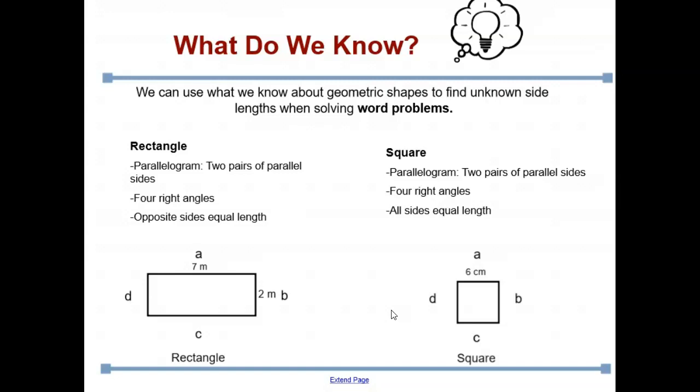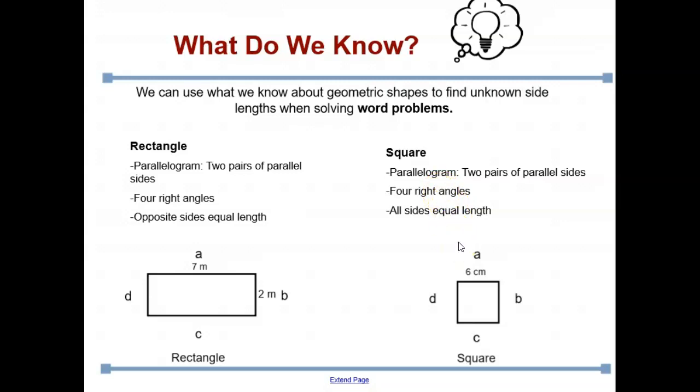Yes, I hope you're running your finger along the edge of your paper right in the corner, because you know a right angle is where 2 perpendicular straight lines meet or come together. But most importantly, rectangles have opposite sides that are equal length, and squares have all sides that are equal lengths.